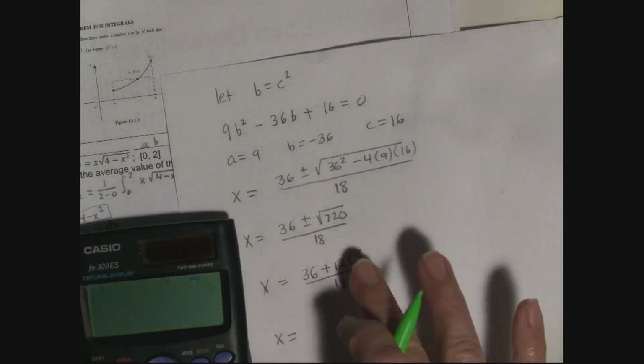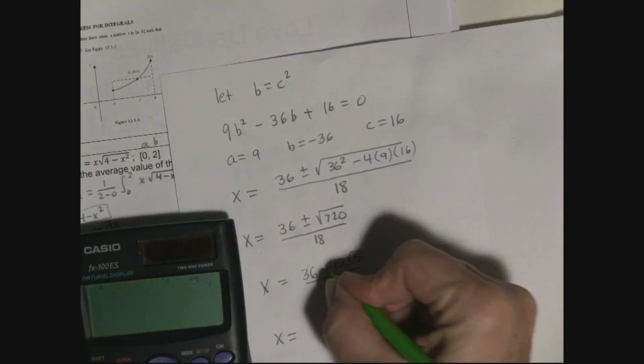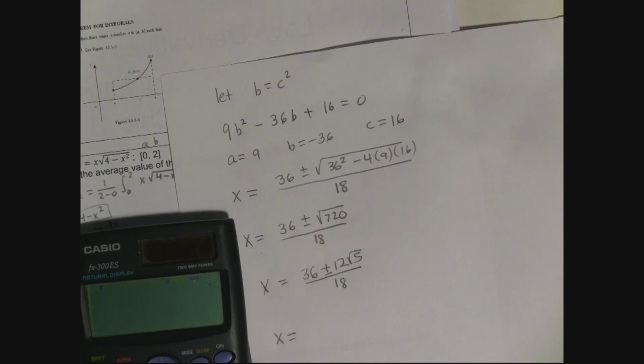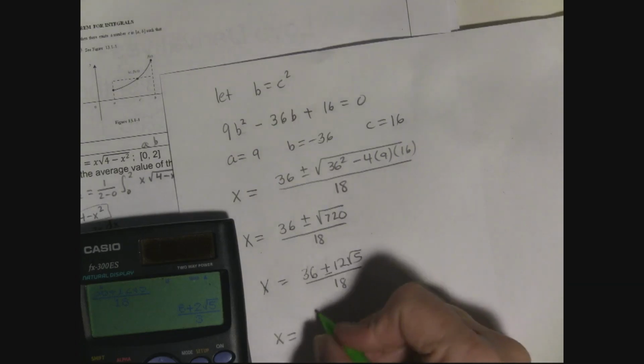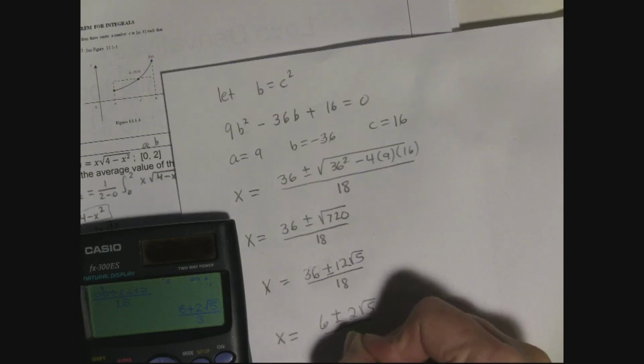Okay, so I'm putting this in my calculator just to reduce it. I lost my minus. And so the fraction is 36 plus or minus 12 square roots of 5. Maybe I made a mistake when I typed the problem. Boy, I'm wondering. And so this is 6 plus or minus 2 square roots of 5 over 3.